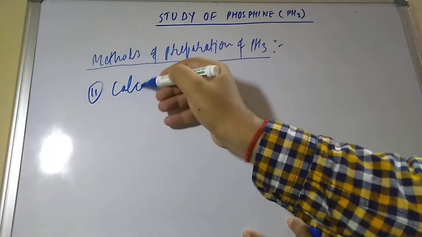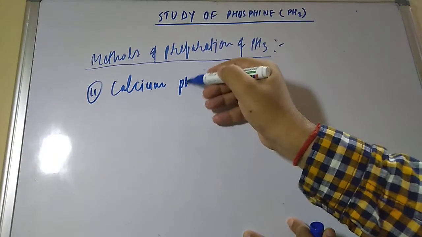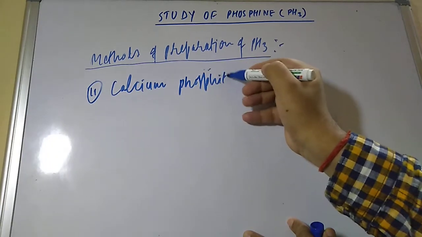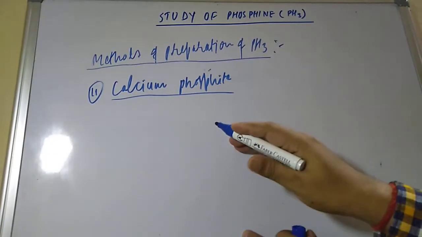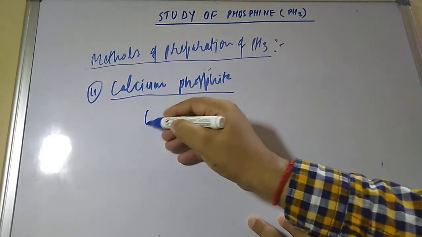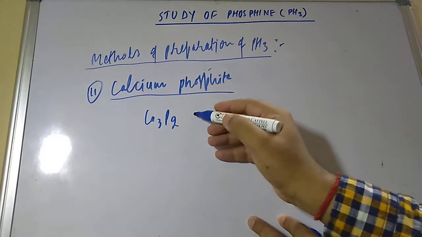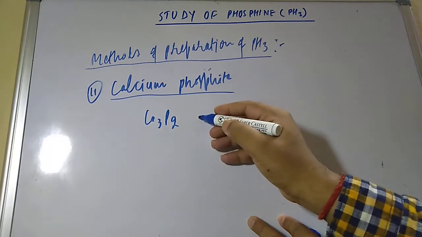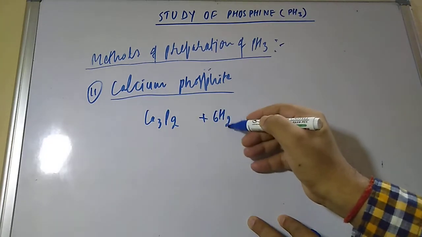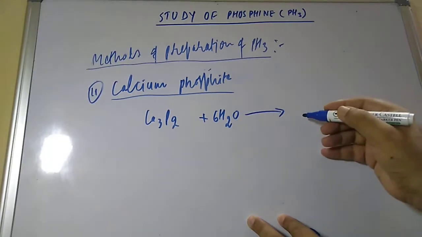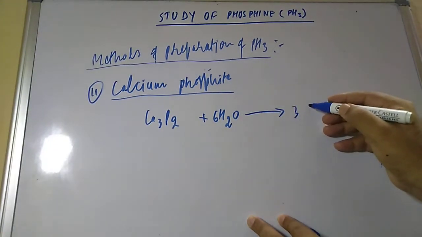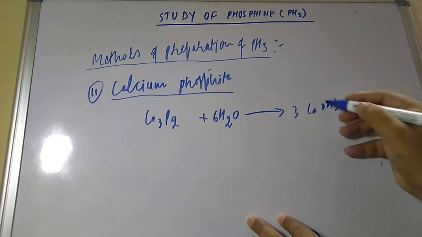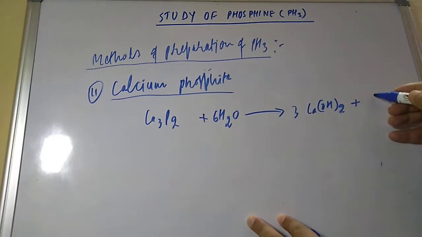Let us see how to prepare it. The formula is Ca3P2, and if you treat this Ca3P2 with 6 moles of H2O, it will give calcium hydroxide, along with PH3.